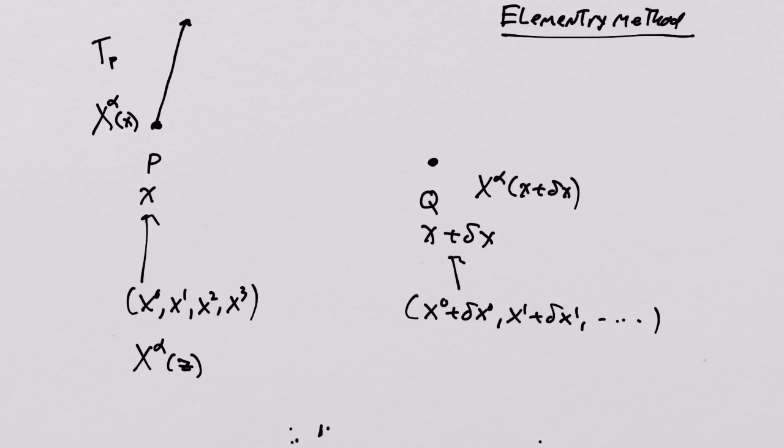But we're going to draw it right there because it helps us to understand what we're going to do next, which is we know that there's also one of these guys at Q. There's a guy at Q. It's some other vector in some other tangent space. In fact, it's in the tangent space TQ. But we've done exactly the same thing.